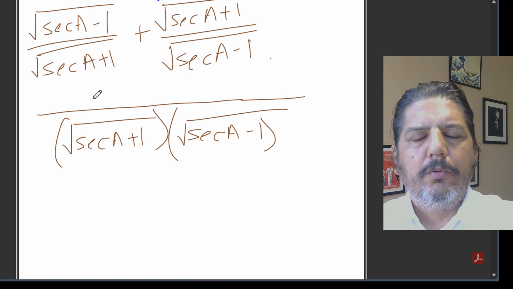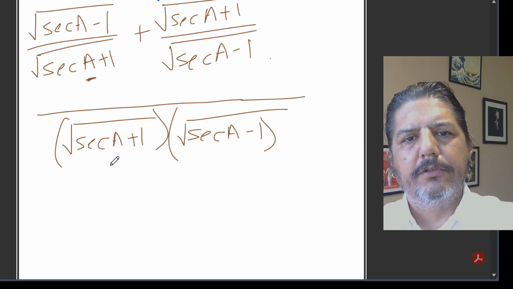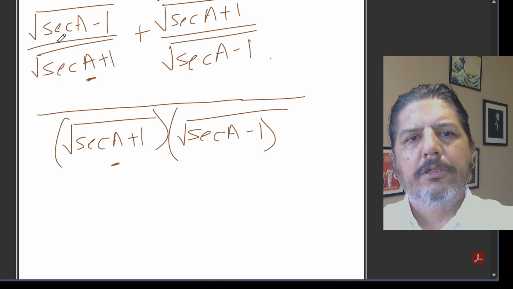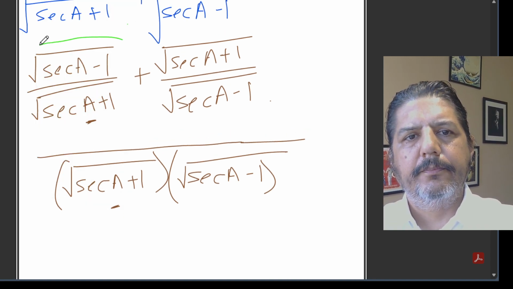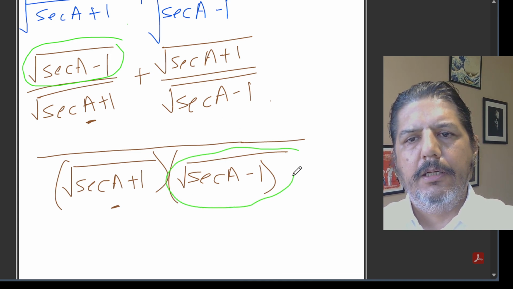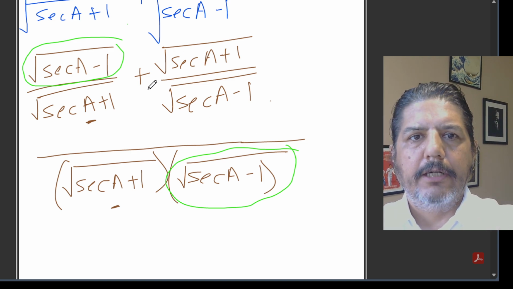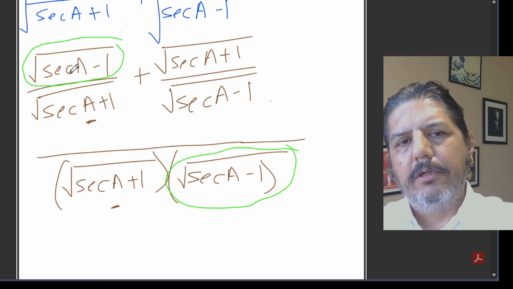And now when I have to take the LCM, see this root secant a plus 1, this is root secant a plus 1. So I have to multiply this term with this term. And because under the square root the same number would be there, this is what I was trying to tell.